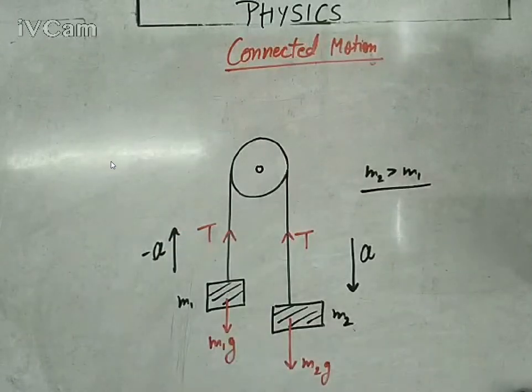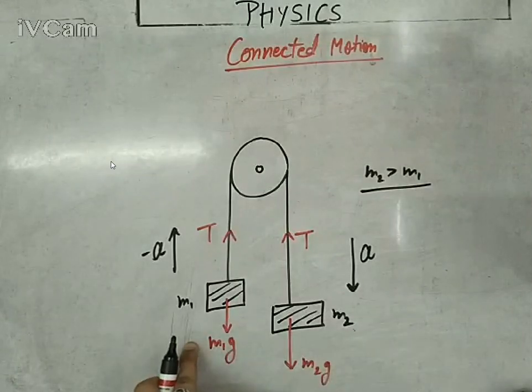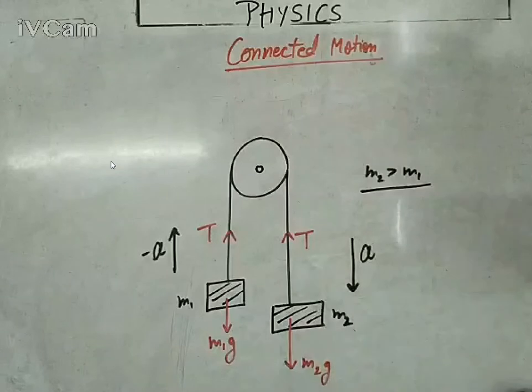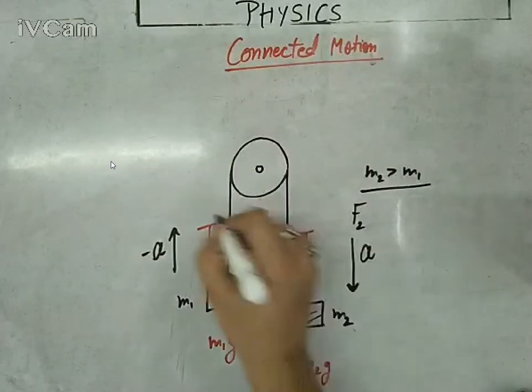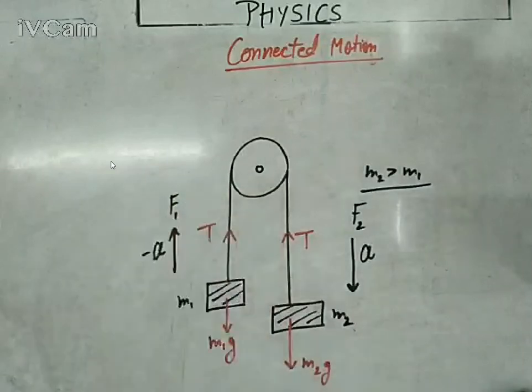You can even write minus a due to its direction, but in magnitude you will take it as positive. So m2 is accelerated in the downward direction and m1 in the upward direction, and the resultant forces, which we are assuming as F2 and F1, are what accelerate these bodies.